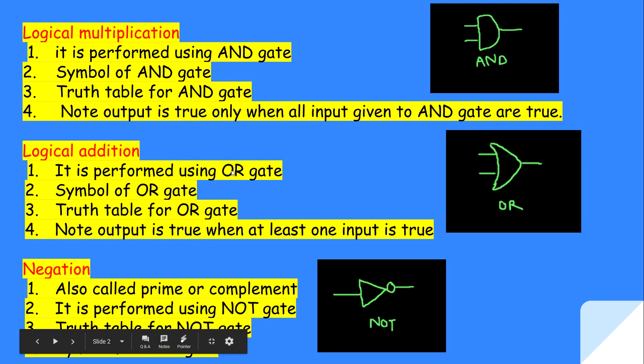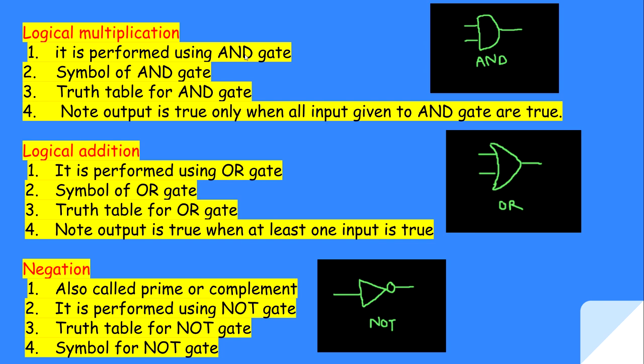So I told you that we have some operations. We'll learn about the operation logical multiplication. It is performed using the AND gate. Now what is an AND gate? Since a computer is an electronic device, if you want to implement logical multiplication, you use an electronic circuit called the AND gate.